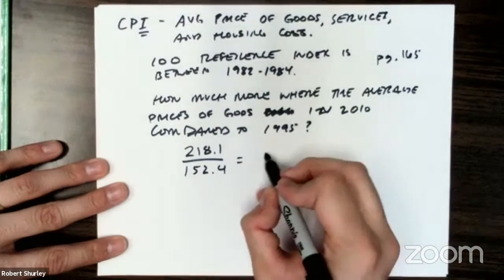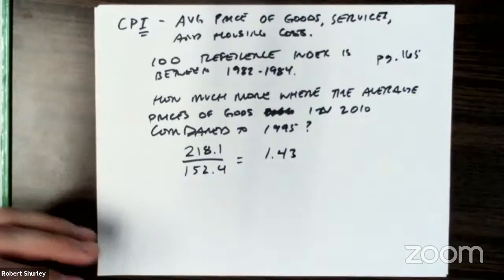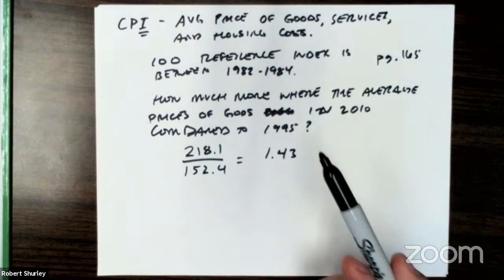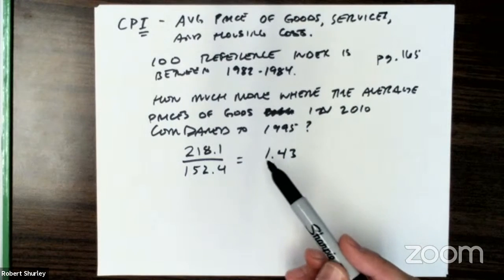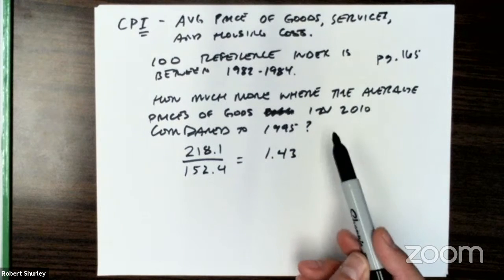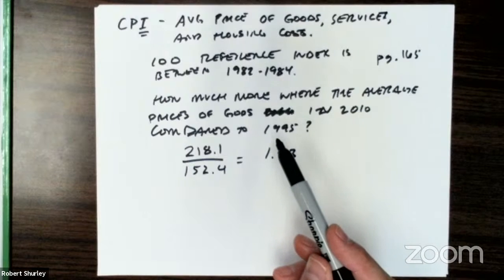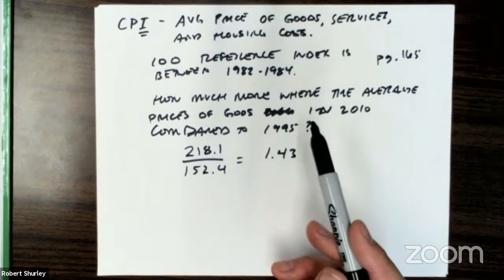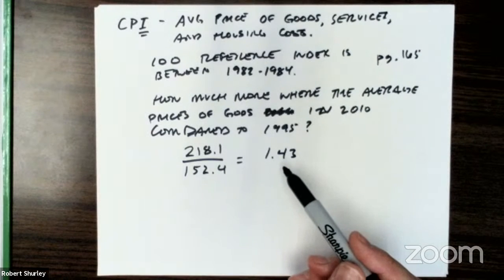And when you divide those out, you get 1.43. So the price of goods on average were 1.43 times higher in 2010 compared to 1995. Okay, the price of goods were on average 1.43 times higher.